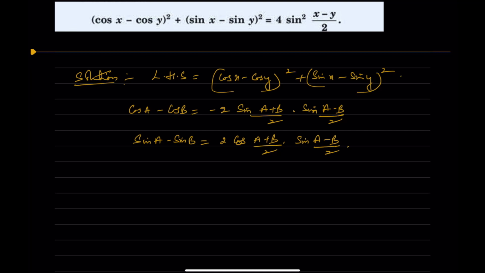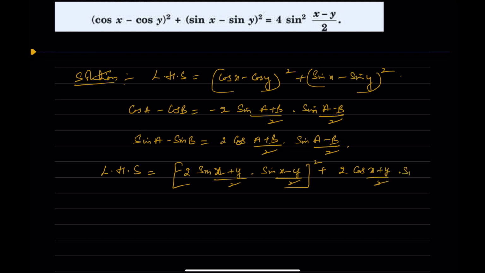So now here we are going to take LHS is equal to, using this formula, minus 2 sin (x plus y by 2) into sin (x minus y by 2) whole square plus 2 into cos (x plus y by 2) into sin (x minus y by 2) whole square.